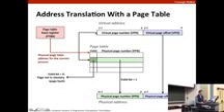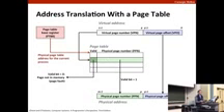And so when the CPU presents a virtual address to the MMU, it takes the virtual page number and uses that as an index into the page table. That identifies a page table entry which, if this is mapped into memory, contains the physical address of the corresponding physical page.